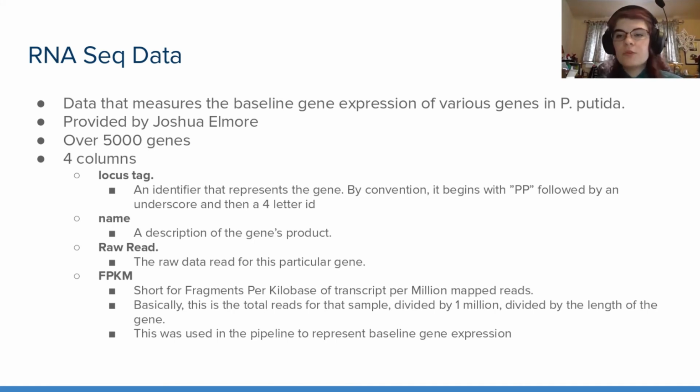It also has a name, which is a description of the gene's product, the raw read, and also FPKM, which is one of the important things. This is short for fragments per kilobase of transcript per million mapped reads, a mouthful. But basically, this is the total reads for that sample divided by 1 million divided by the length of the gene. And this was used in the pipeline to represent the baseline gene expression.